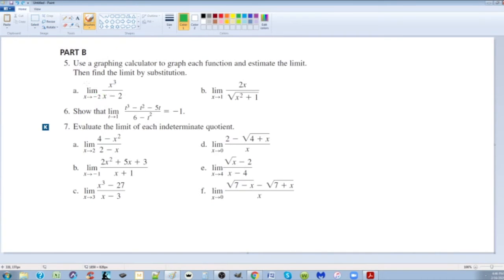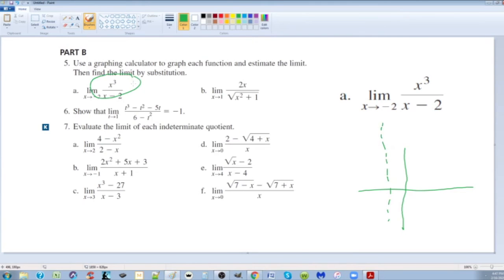So obviously we got a problem here. Okay? We've got a problem in that we have what's essentially going to be a weird parabola, but at x is equal to minus 2, we have an asymptote. But fortunately, they're saying use a graphing calculator, so you can just plug it in and see.